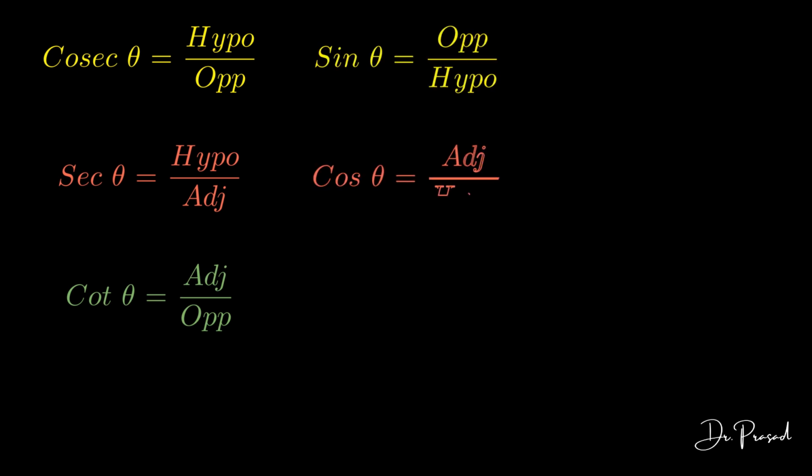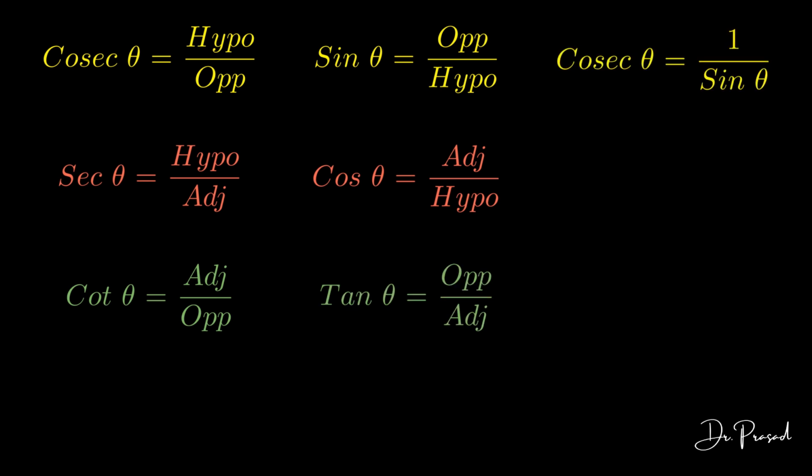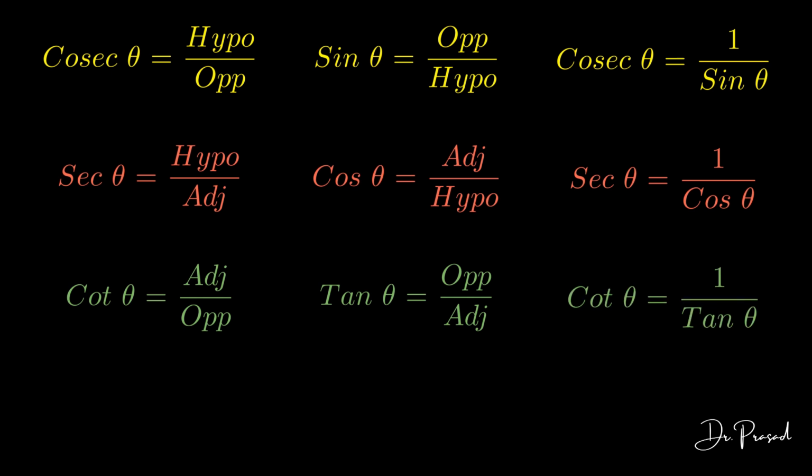If you compare these three ratios with the previous ones, you will find cosec theta is equal to 1 by sine theta, sec theta is equal to 1 by cos theta, and cot theta is equal to 1 by tan theta. In case you are getting confused, just remember the left hand side and the right hand side cannot start with the same alphabet.